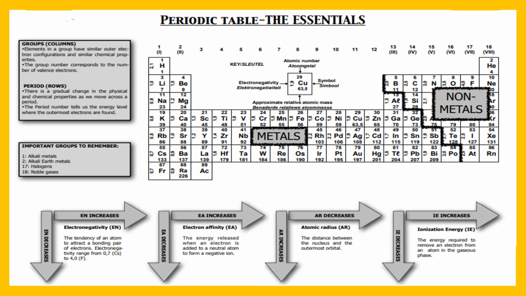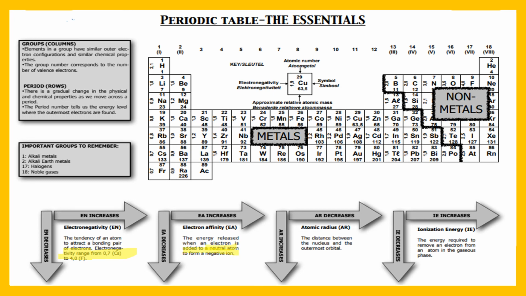Electronegativity, as we said, is the tendency of an atom to attract a bonding pair of electrons. Electronegativity can range from 0.7 to 4.0. Electron affinity is the energy released when an electron is added to the neutral atom to form a negative ion.